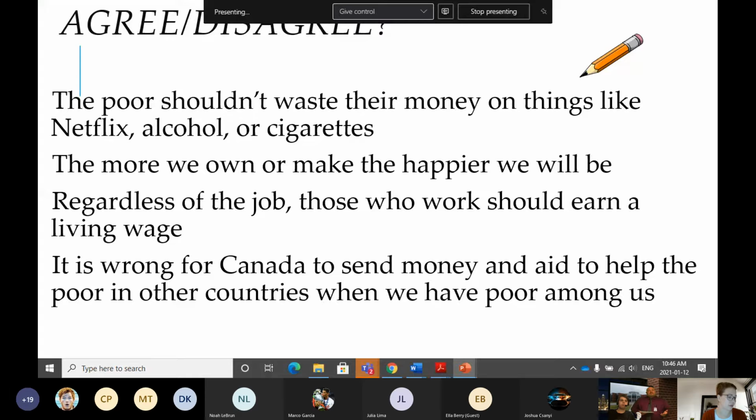Do you think that it's wrong for our country to send money, medical aid, or people to other countries to help the poor when we have our own poor here? No, yeah, it's good to help everyone. Depends.